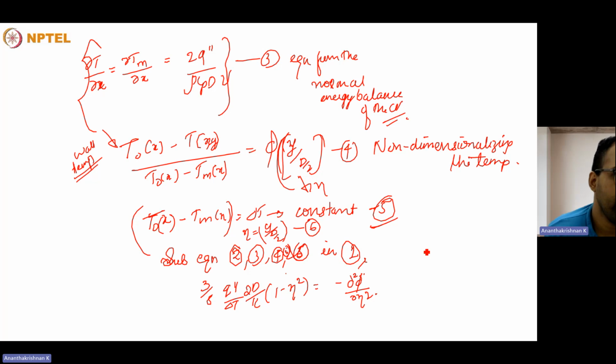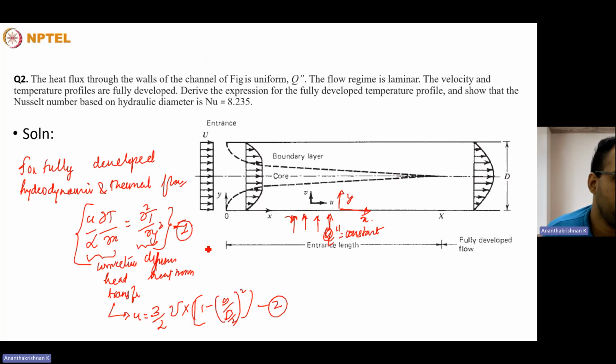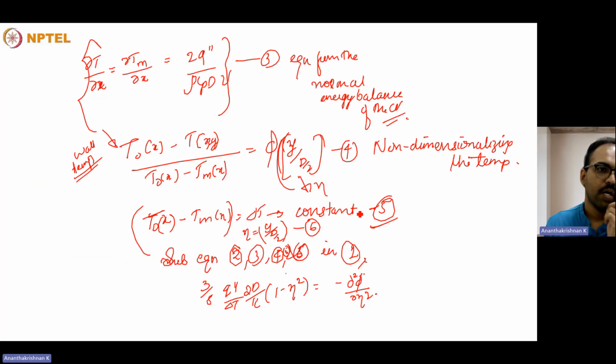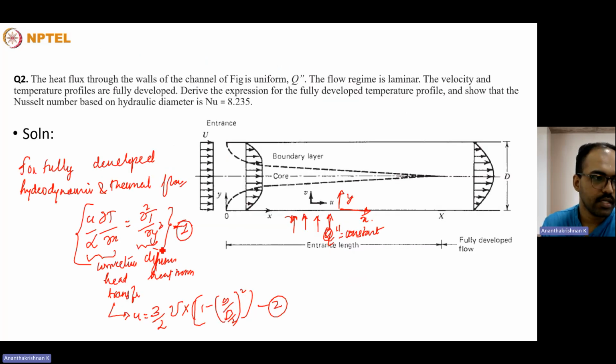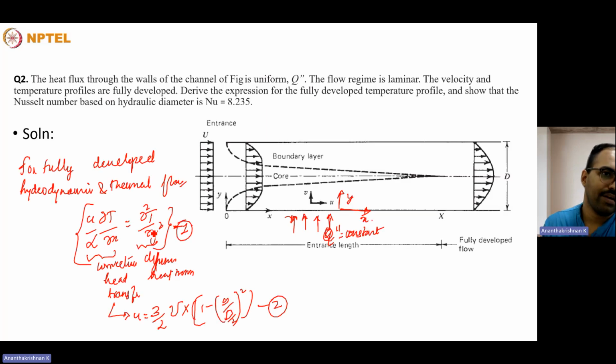Basically, what we do is that dou t by dou y you represent in the form of dou t by dou phi, dou phi by dou eta, and dou eta by dou y. Substituting these three into this, we could write dou t by dou y in terms of dou phi by dou eta.